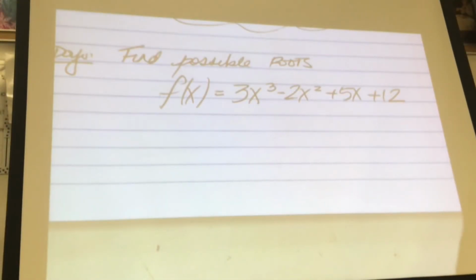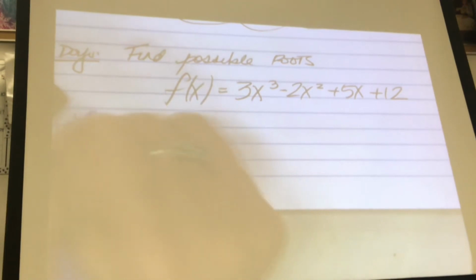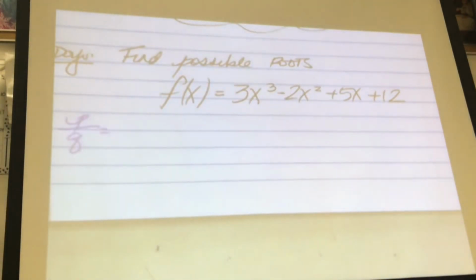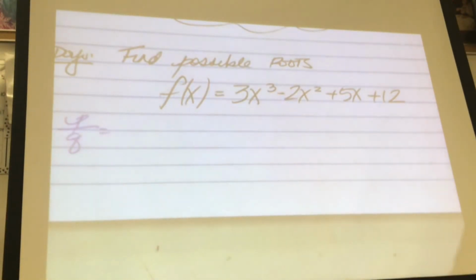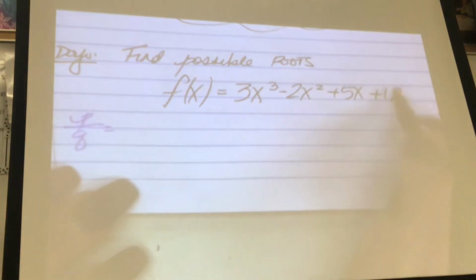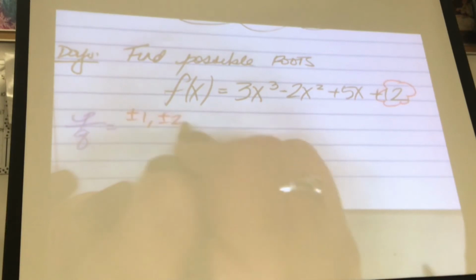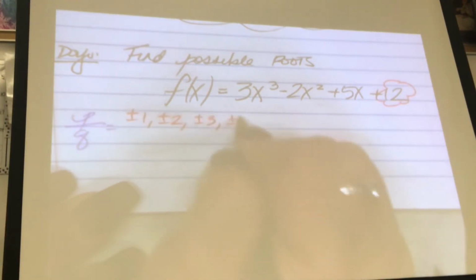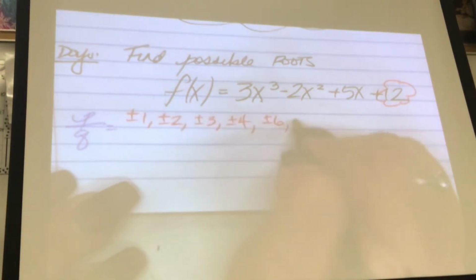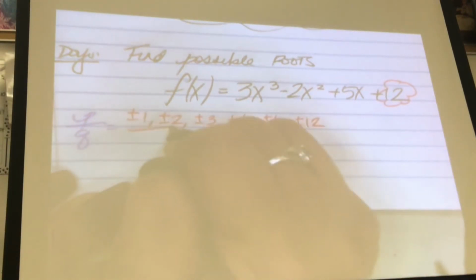You should have put all the factors of p over all the factors of q, which are, this is your p right here, plus or minus 1, plus or minus 2, plus or minus 3, plus or minus 4, plus or minus 6, and plus or minus 12.